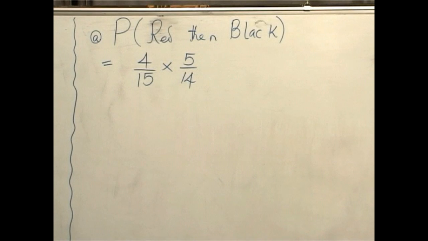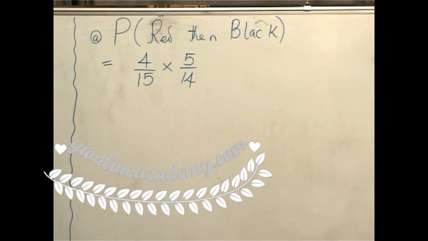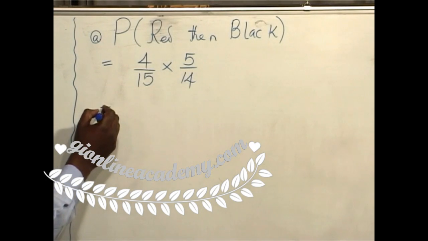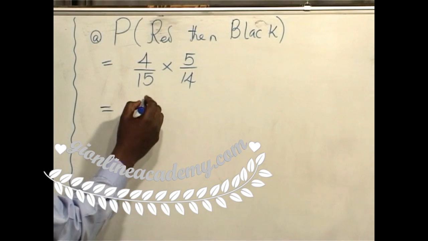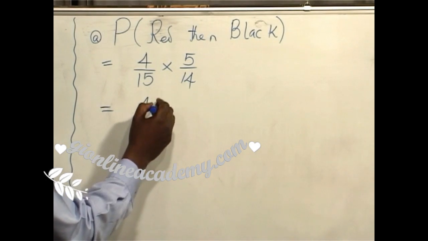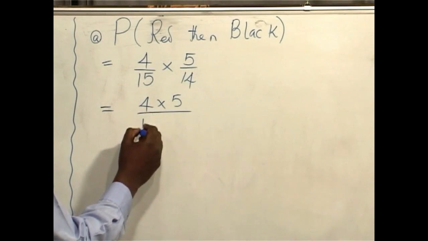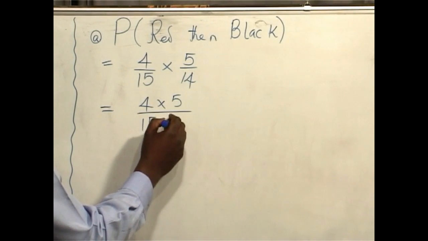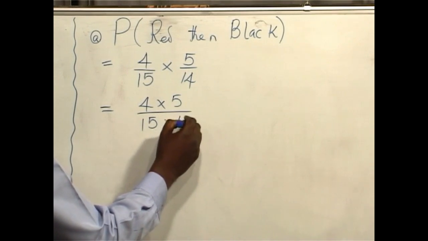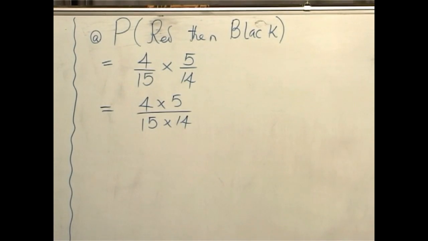Then having done this, it will be a question of us simplifying as follows. We know when fractions are multiplied, you multiply numerator by numerator divided by the product of the denominator by the denominator.